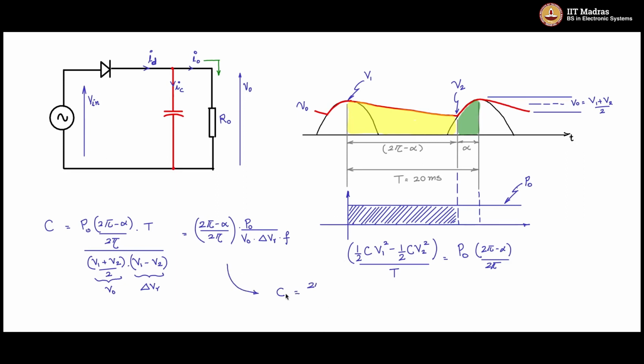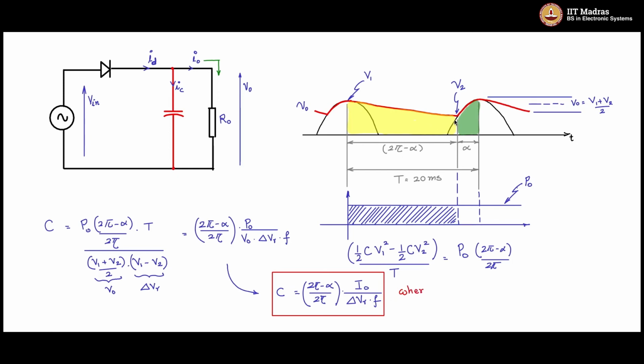Further simplifying, C equals 2 pi minus alpha by 2 pi into P0, which is V0 into I0. So C equals I0 divided by delta VR into F. So this would be the capacitance value equation.